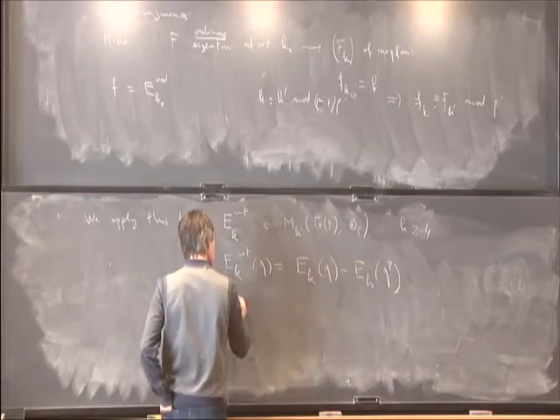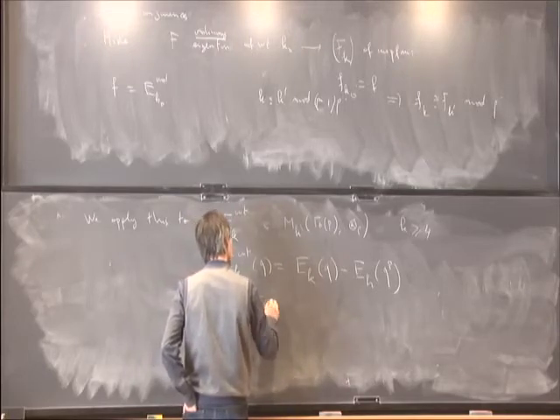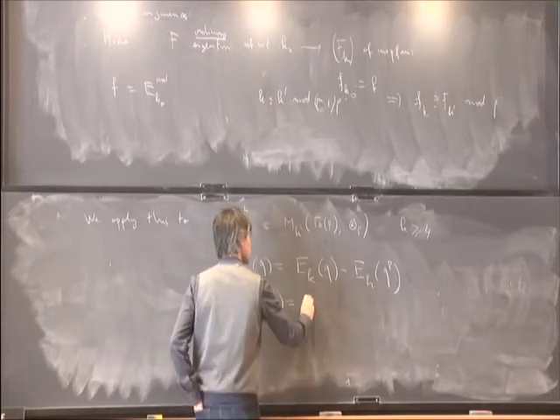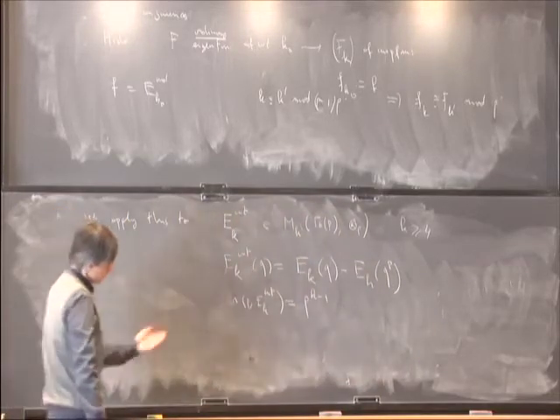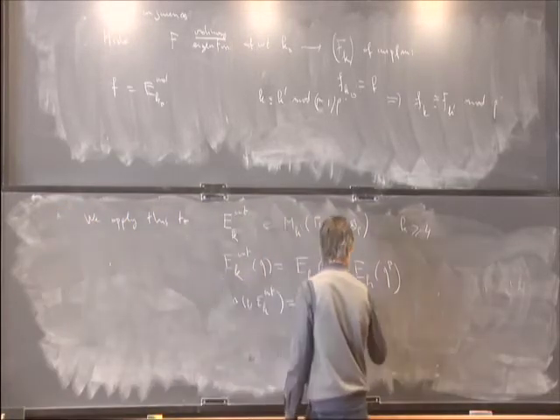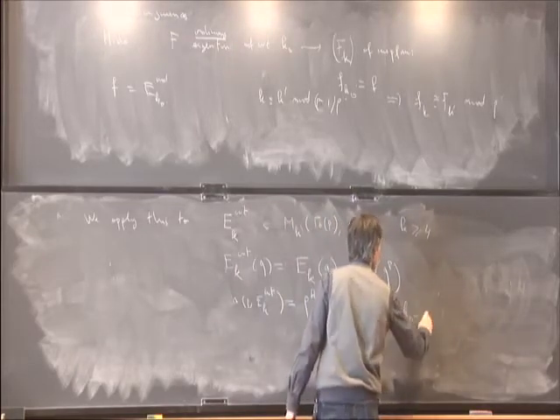In that case, you see that the Fourier coefficient of E_k critical is exactly p^(k-1). So now the slope is exactly k minus 1. So let's call it k naught.